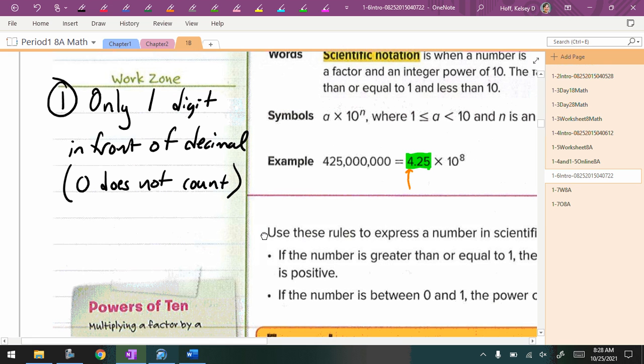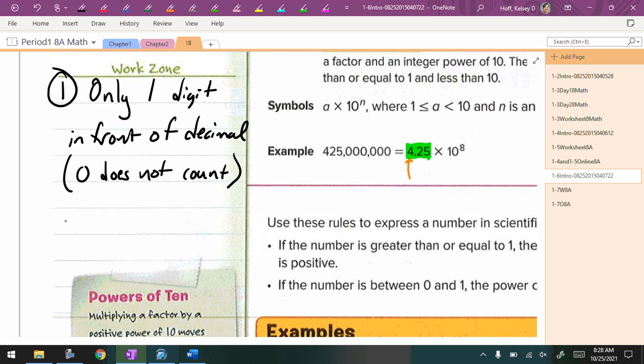So let me ask you a question. Would 3.2 work? No. Why not? What's our rule? Only one digit in front of the decimal. Because it has one digit. Would 3.2 work? How about 10.7? No. Why not?